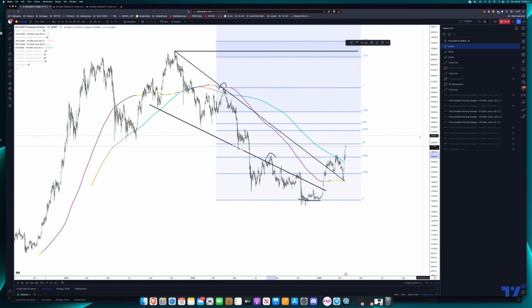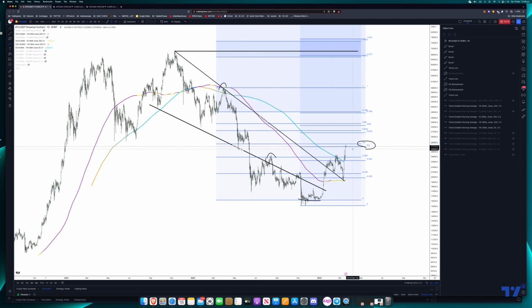But when we add the other one from the bottom to the top, you can see that the 0.5 range is going to be a bit of resistance, and it coincides with this level. So I do expect a bit of a sideways motion and a bit of resistance. How much? Not to say, but I do believe that it's still going to go up.